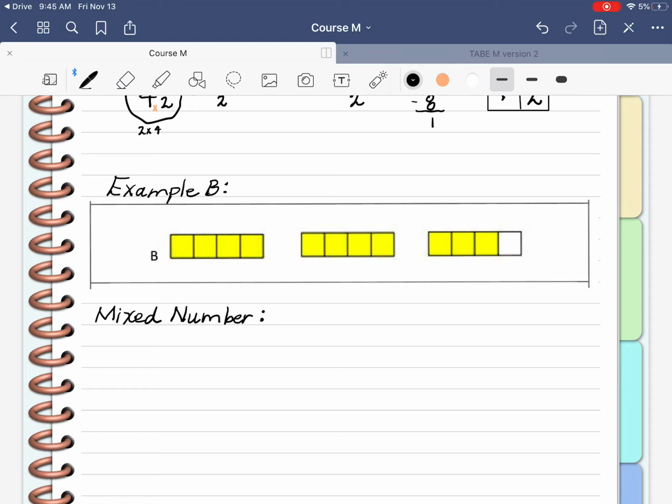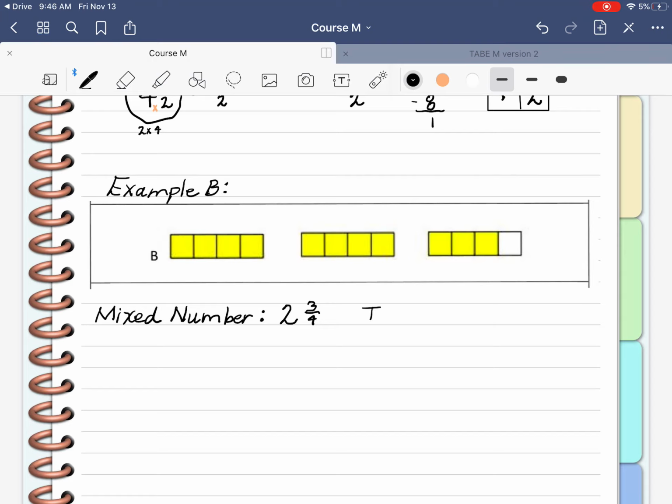I can see that there are 2 whole pieces and 3/4 of a third piece. Each of them is cut into fourths. That's where that denominator is coming from. I have 2 whole pieces and 3/4 of another.